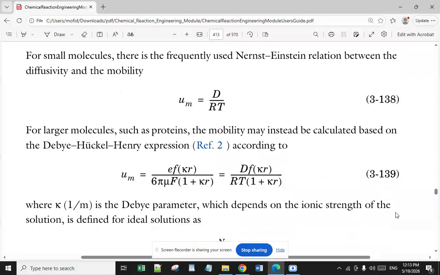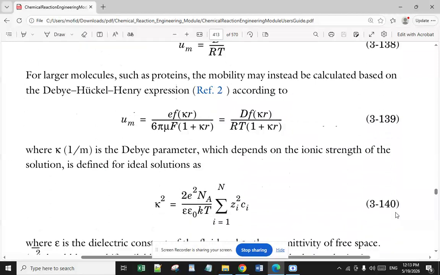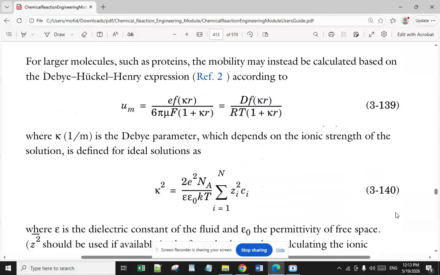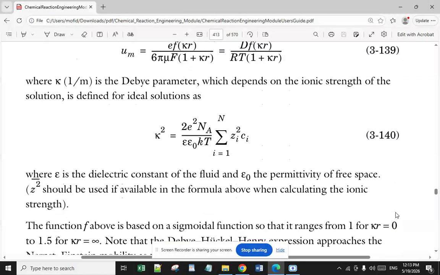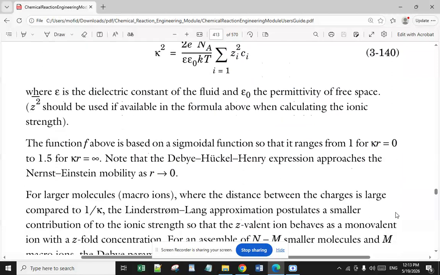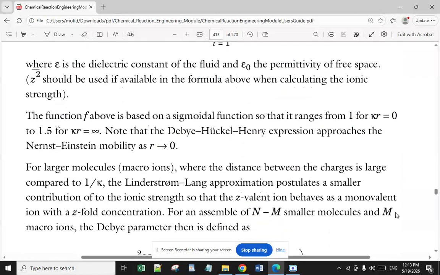For larger molecules such as proteins, the mobility may instead be calculated based on the Debye-Huckel-Henry expression, based on the second reference, according to the following, where kappa, the inverse of which is the Debye length, is the Debye parameter, which depends on the ionic strength of the solution and is defined for an ideal solution as follows, where epsilon is the dielectric constant of the fluid and epsilon 0 the permittivity of free space.